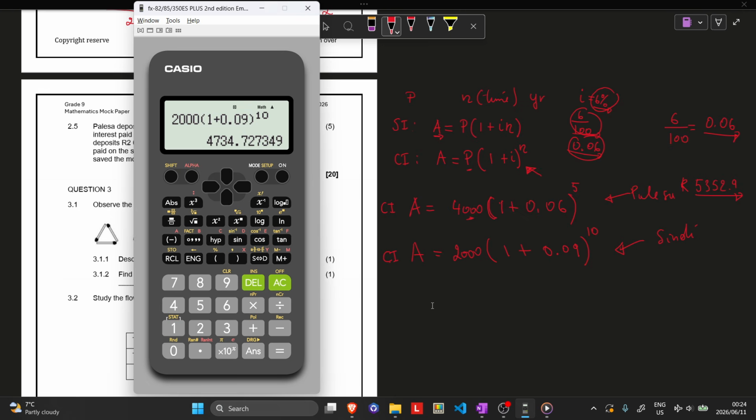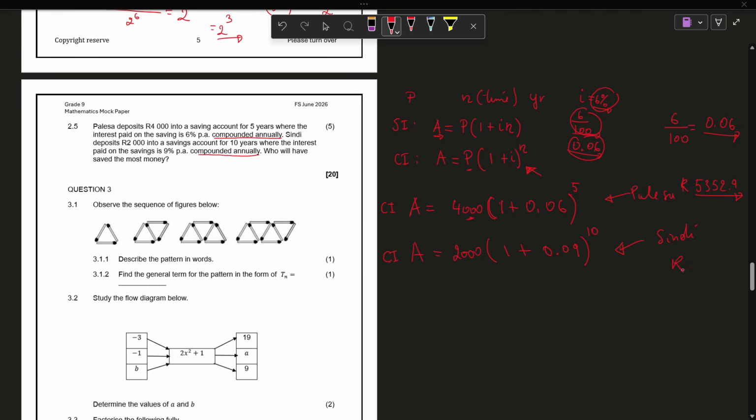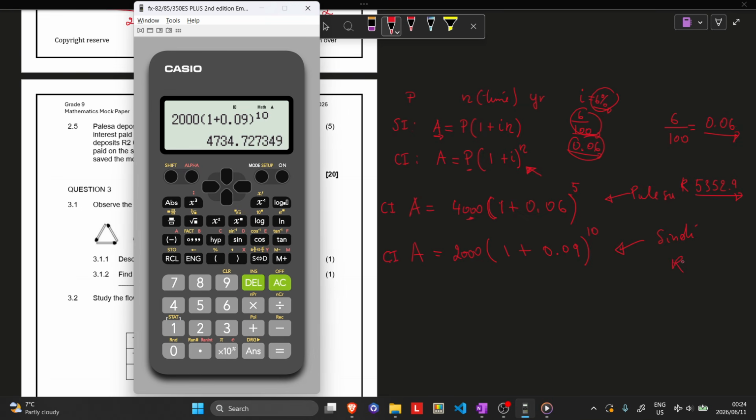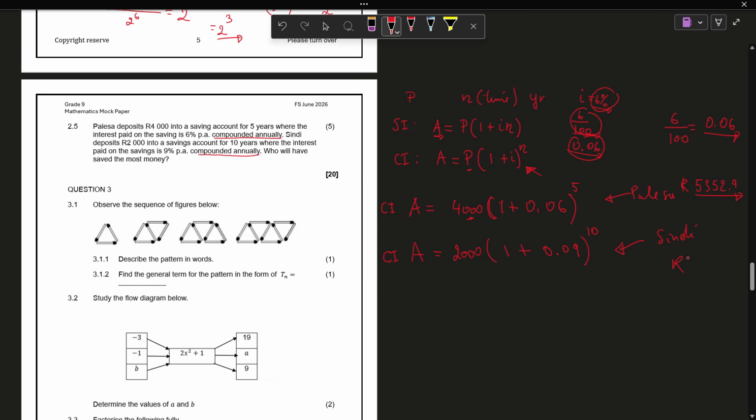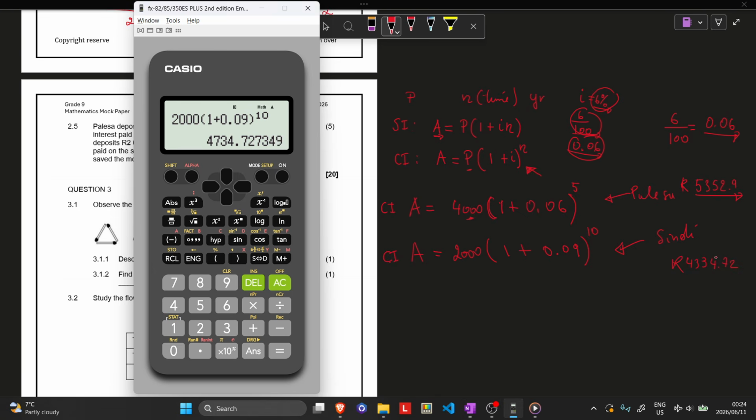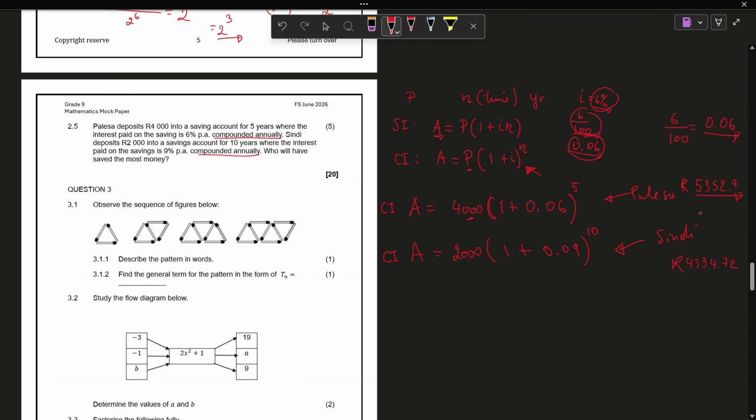So the second scenario here, we're going to have 4,334.72. It's actually 47. So basically, these are the two amounts we got.